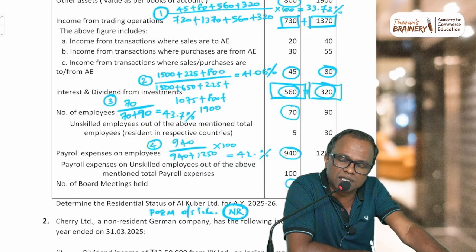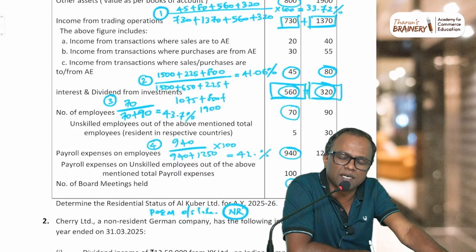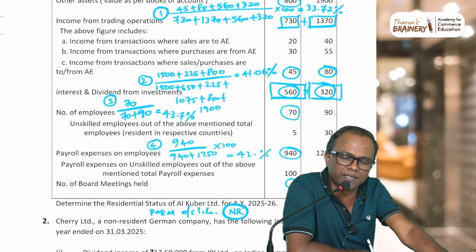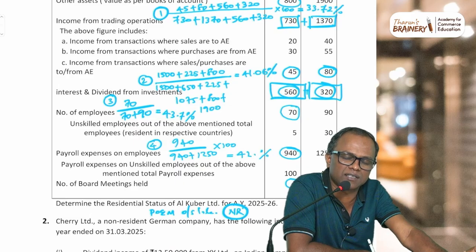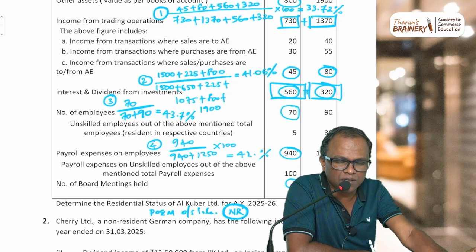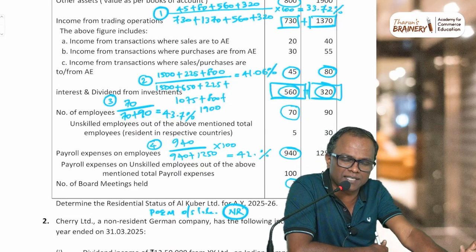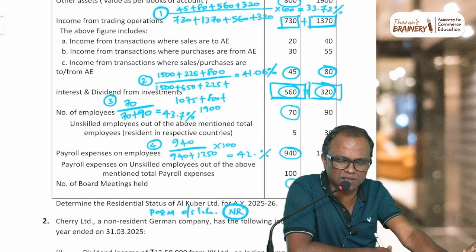In that case, if the POEM is in India, and also that foreign company has a fixed place of business in India, that is a PE in India, then there will be MAT, based on book profit. Minimum alternate tax provisions can also be applicable. So they can make it a lot of complicated provisions. They can add on a single question if they want to.